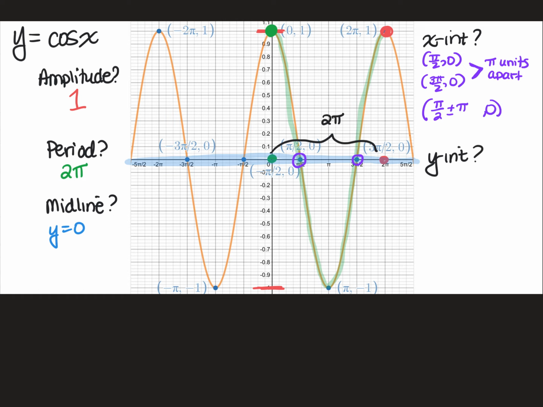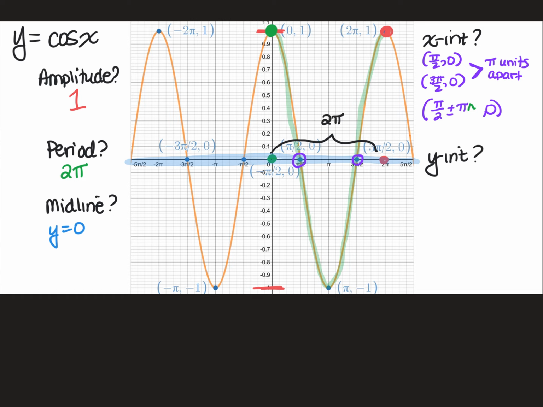But that would only give us 1 or maybe 2. What we have to do is say that any integer in here, so a lot of times you'll see either the integer k or the integer n. What we're saying is that if you multiply pi by any integer and then add that to pi over 2, you're going to find an x-intercept.